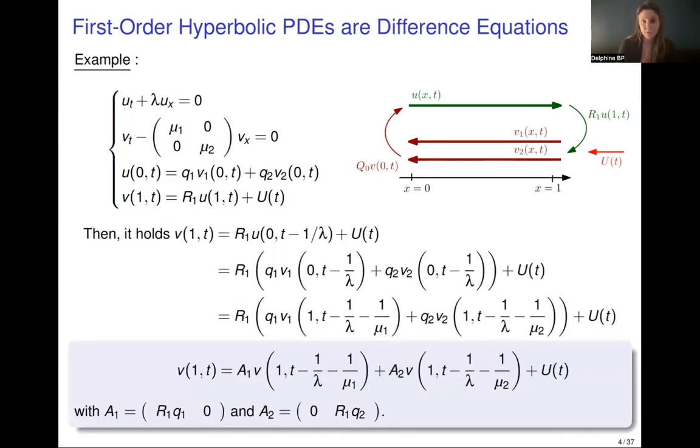This is not a differential equation. This is a difference equation. And so this is a specific type of time delay system because you do have this pointwise term. And so trying to stabilize V1 at t then results in the stabilization of U and V1, V2, because you can move from one to another.